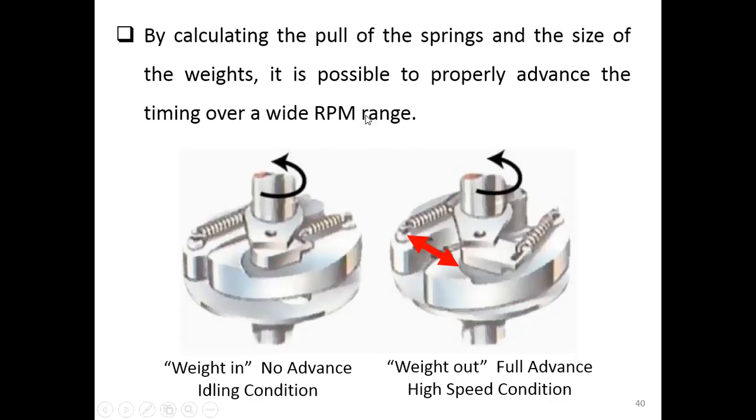So how much is the weight, and how strong the spring needs to be for this engine, so that this mechanism can provide proper timing for the engine. When you create the engine, you have to test it, get the results, and use those results to calculate the weight and the size of the spring.